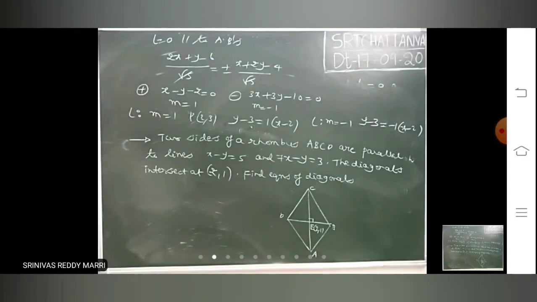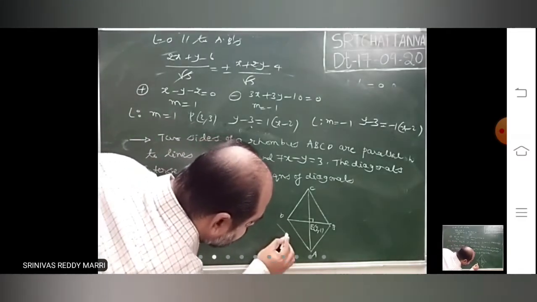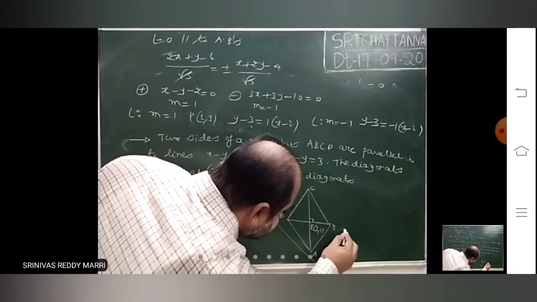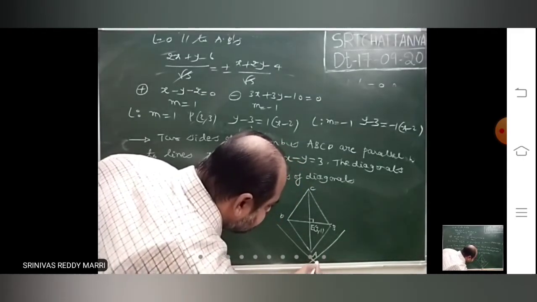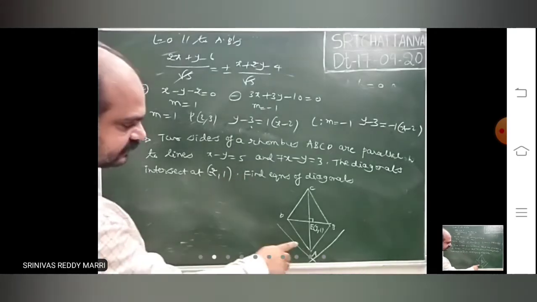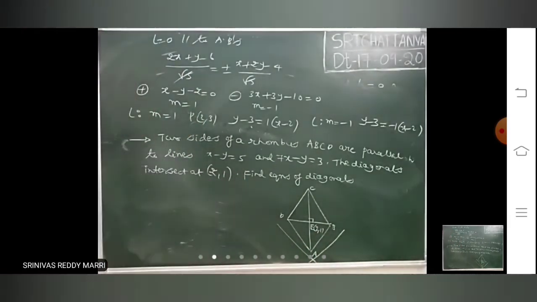Given that the sides are parallel to two lines like this. Sides are parallel to these two lines. Let us say AB. I will draw the diagram.